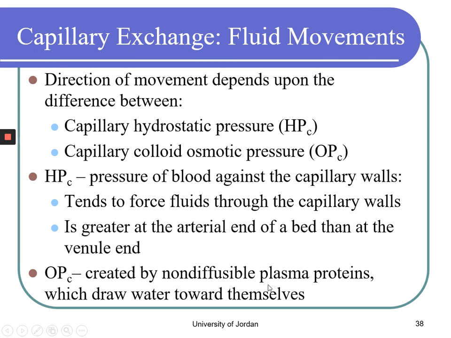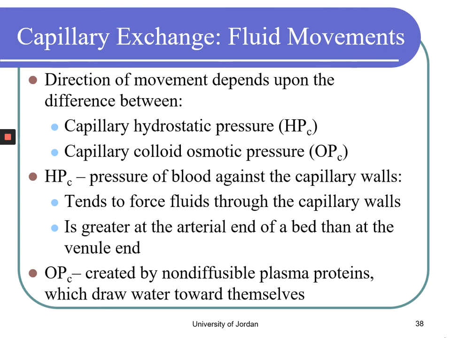Direction of movement: the capillary hydrostatic pressure causes filtration, and the capillary colloid osmotic pressure, or oncotic pressure, causes reabsorption. The hydrostatic pressure of the blood against the capillary wall tends to force the fluid through the capillary wall. It is greater at the arterial end than at the venous end.